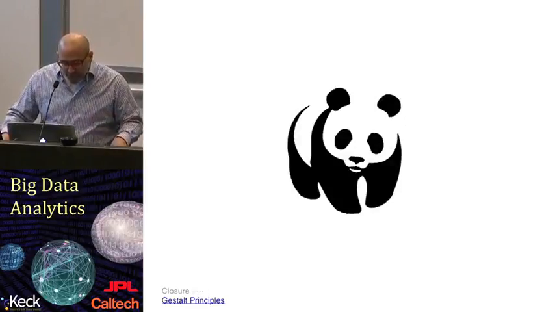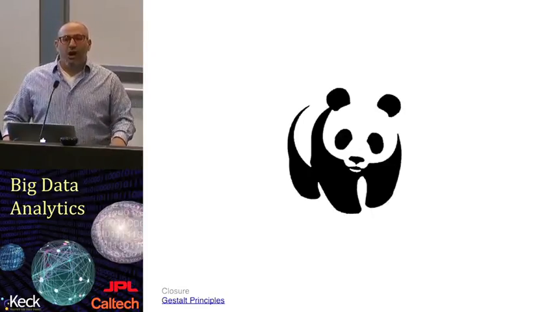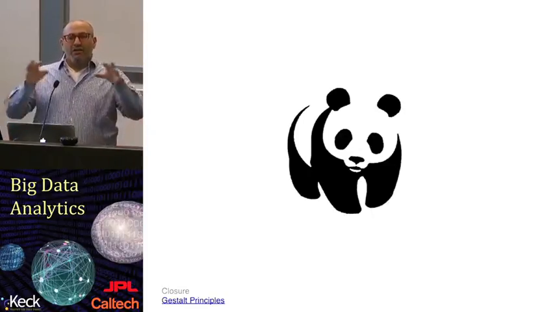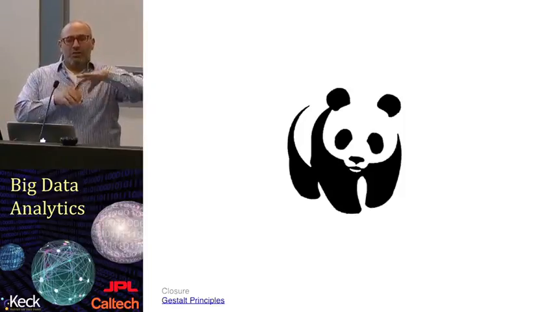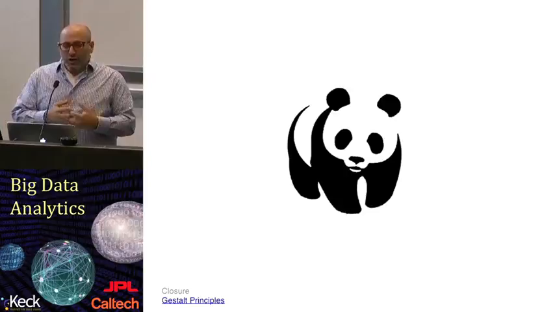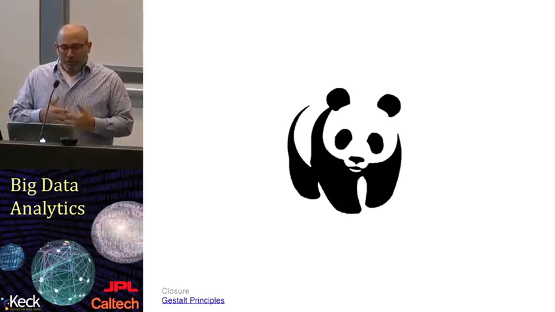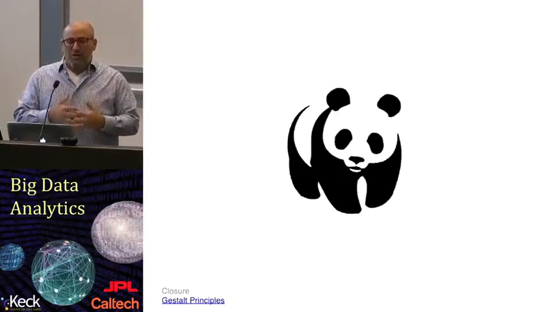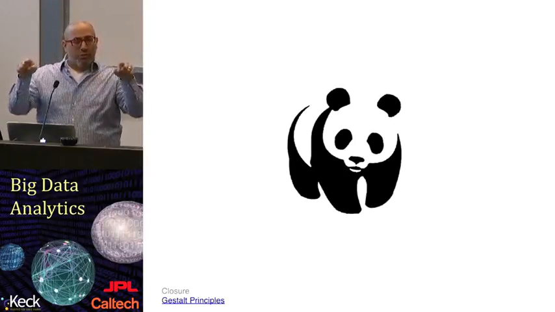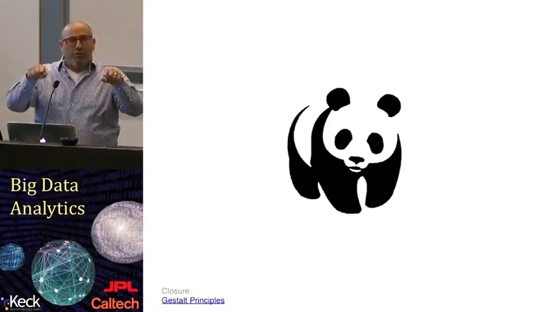Another important idea is something called closure. What this means is that the mind makes shapes contiguous that are not formed entirely. If you look at the top of this panda bear shape, you'll see there's actually no top of the bear drawn, but your mind draws it in for you.